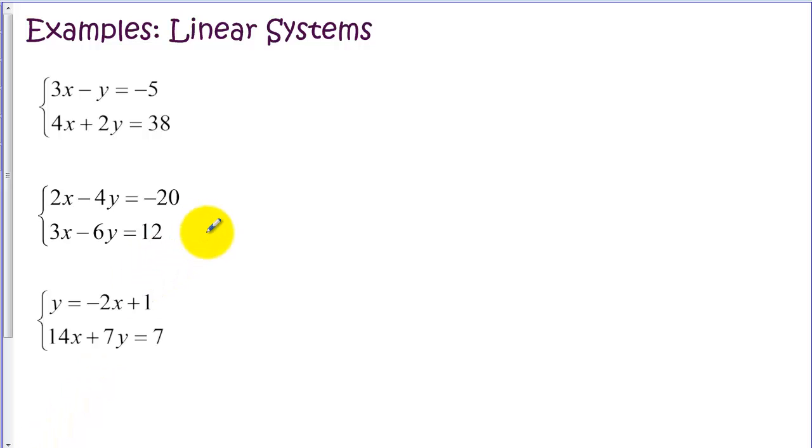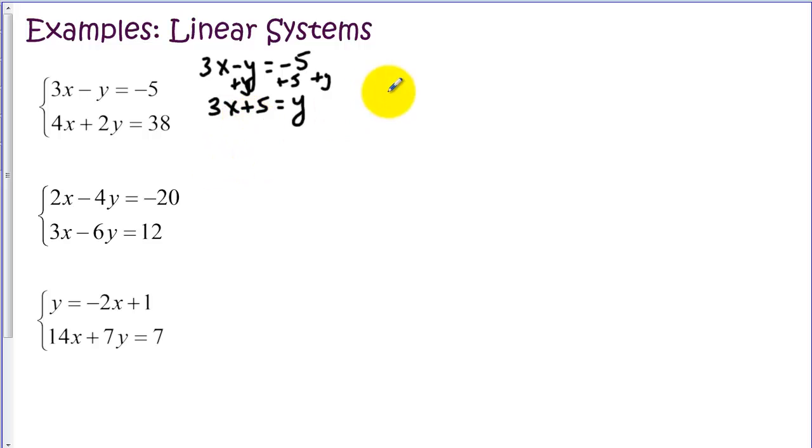So let's look at some examples. Our first examples are all linear equations. If we take our first equation here and solve it for y, I could add the y to the other side and add the 5. So I've got 3x plus 5 equals y. Again, I added y to get that to the other side, and I added 5 to get that over here.